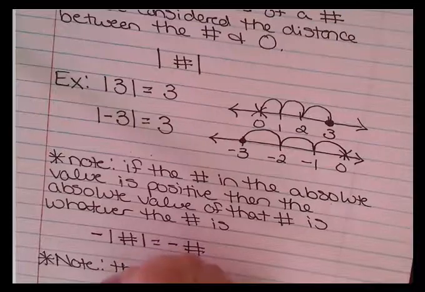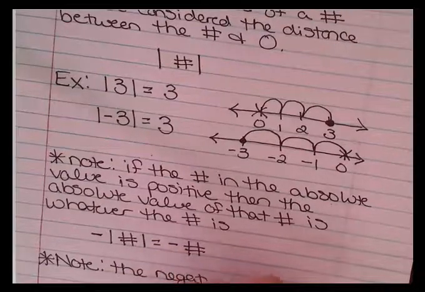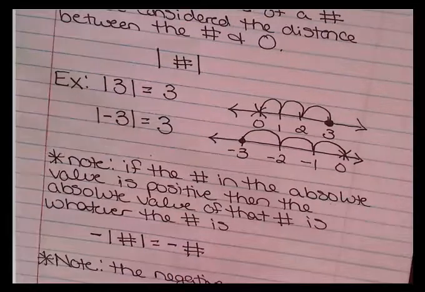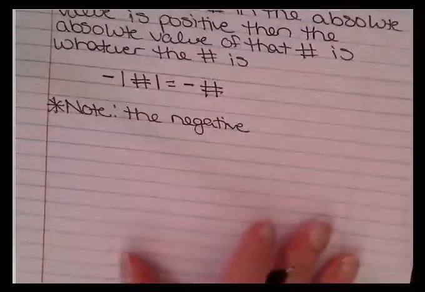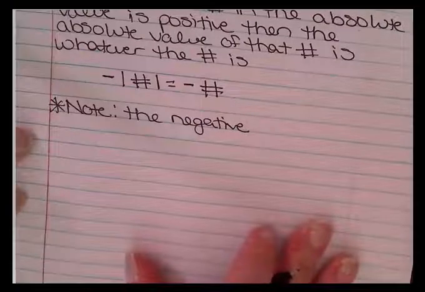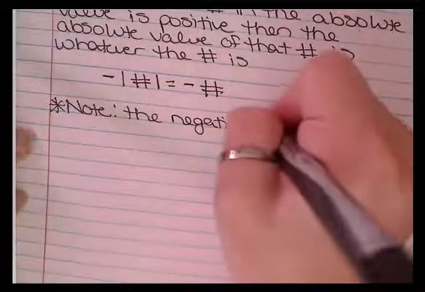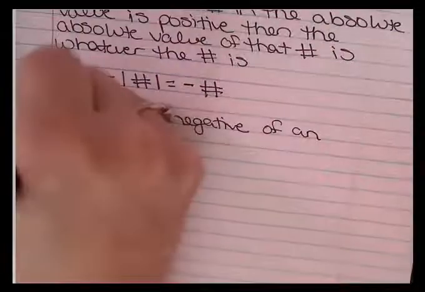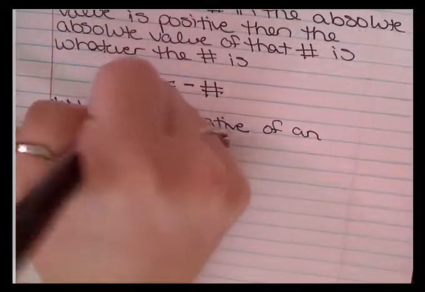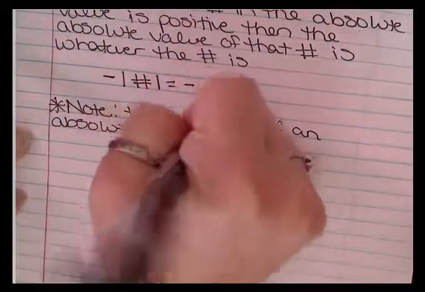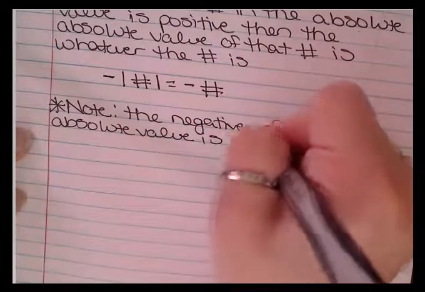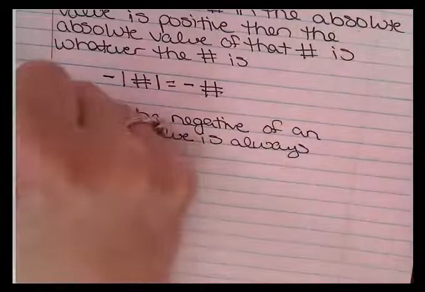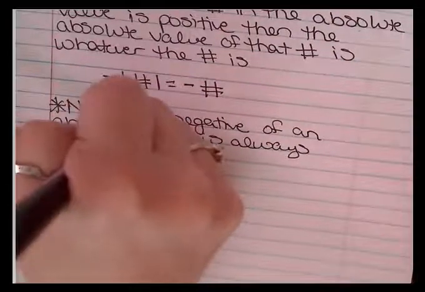Oh, sorry, didn't mean for that to run off the screen. Let me pull that up. My screen's crooked. There you go. Which is what this says. We have negative absolute value of a number equals negative that number.